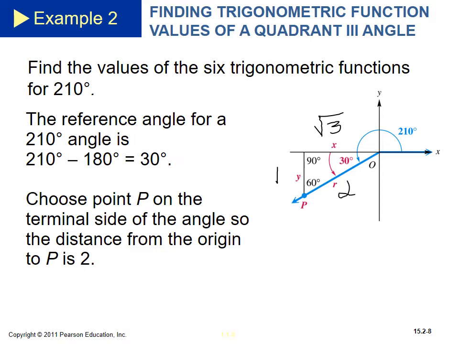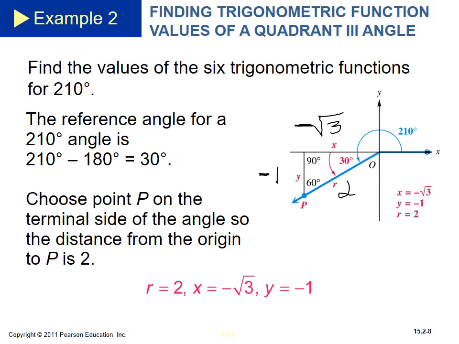So now based upon that, r equals 2, and x is equal to negative square root of 3. That's the other thing: because this is on the left-hand side of the y-axis, it's got to be negative square root of 3. Since this 1 is down, this has got to be negative 1. It's the direction. This is all about direction, don't think about numbers.